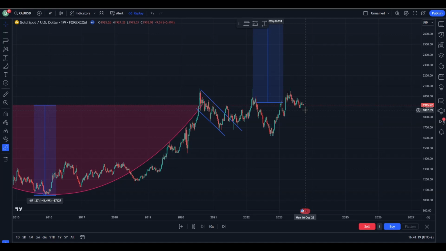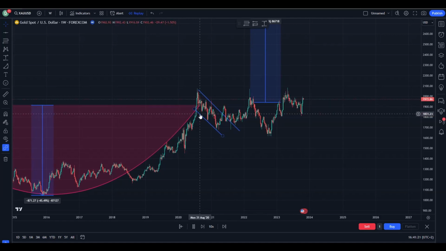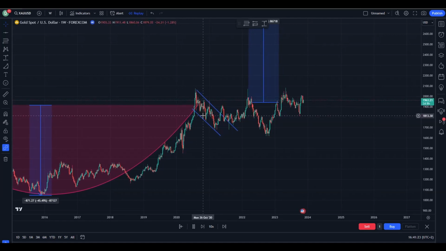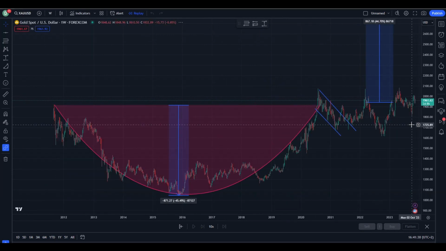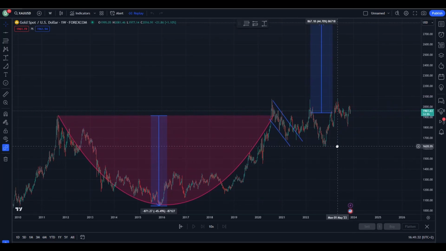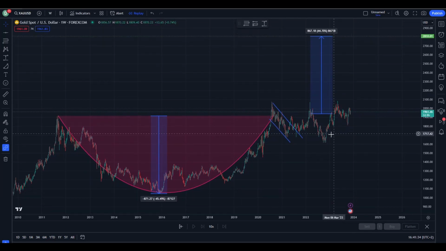What we've been having here is that for about 3 years now, the price has been doing this massive sideways consolidation movement, as you can notice. And the reason why it's happening is because a lot of traders and investors have been aware of this pattern and the potential that it holds, and they've been trying to capitalize on it.